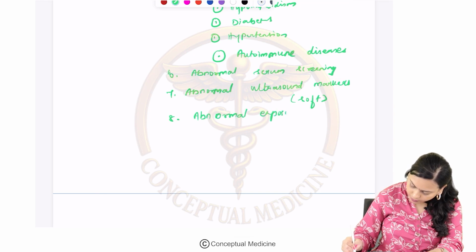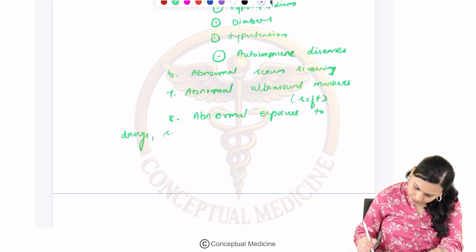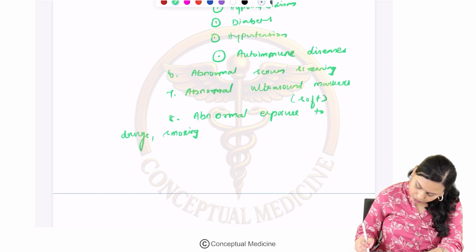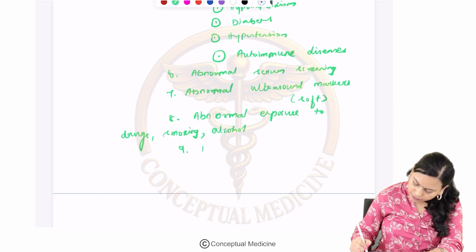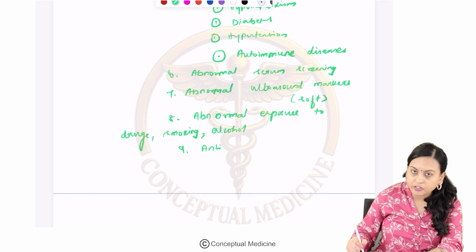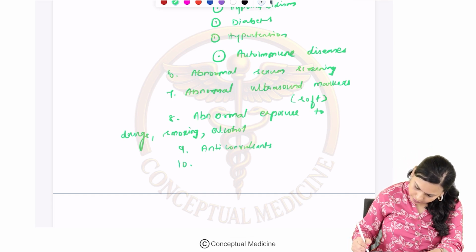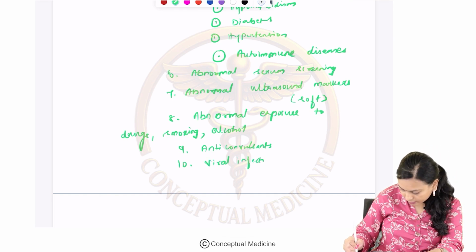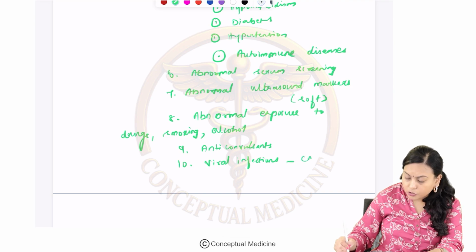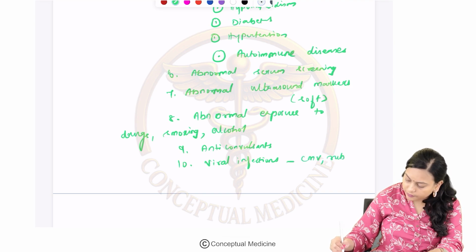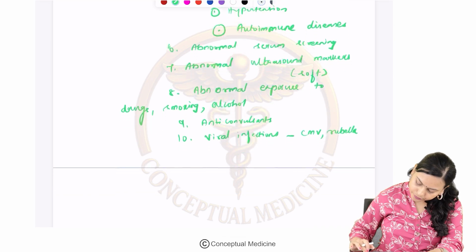and also if there is any abnormal exposure to drugs, smoking, alcohol, and if there is use of any teratogenic drugs like anticonvulsants and any teratogenic infections like the viral infections like cytomegalovirus and rubella.